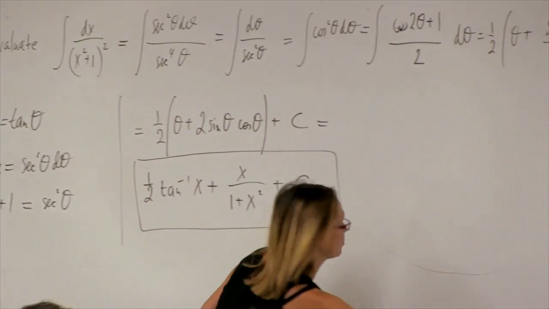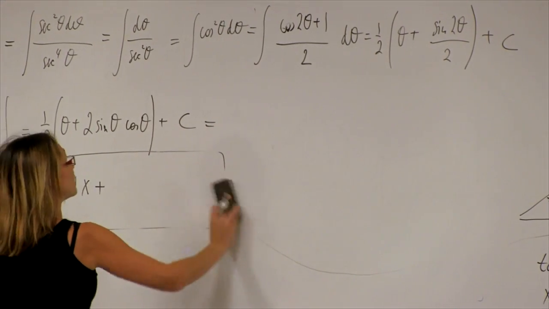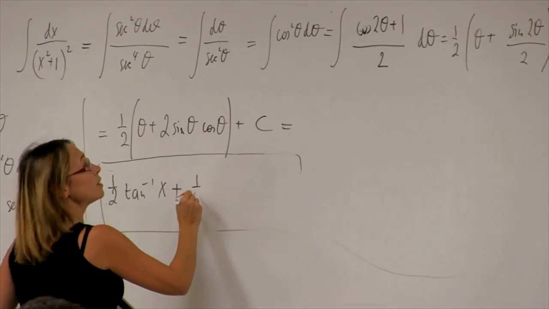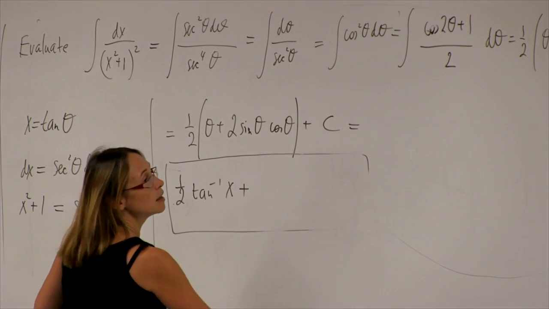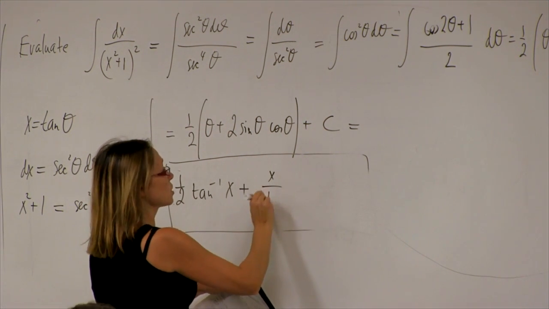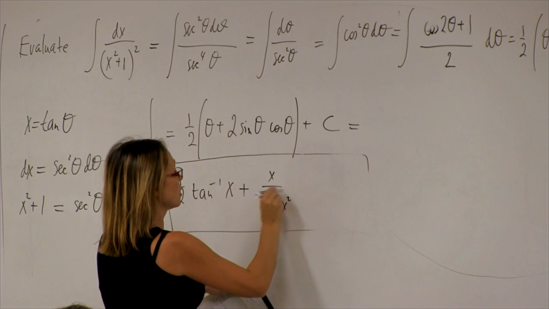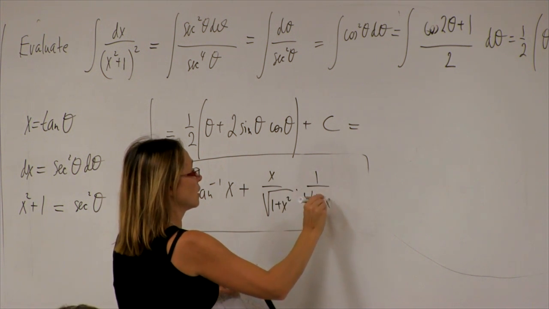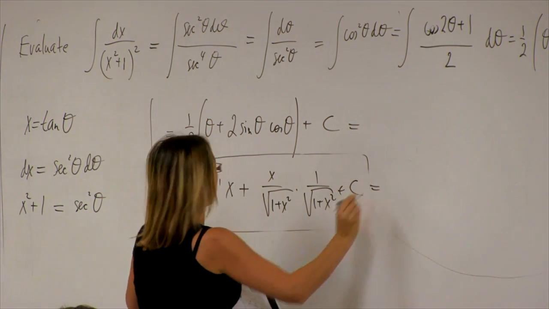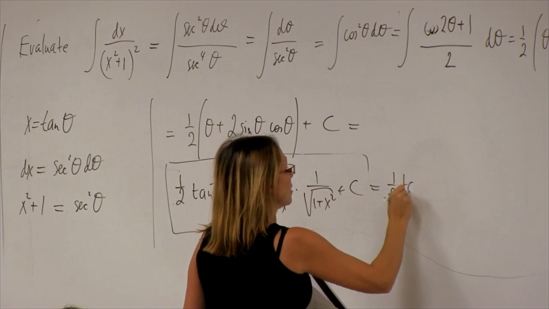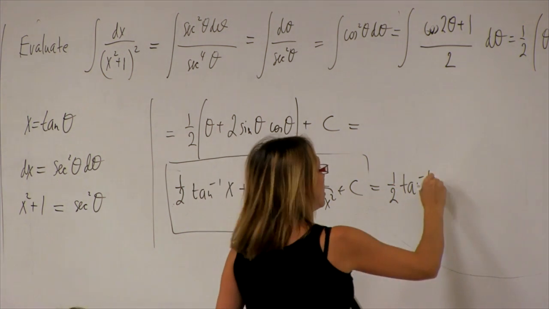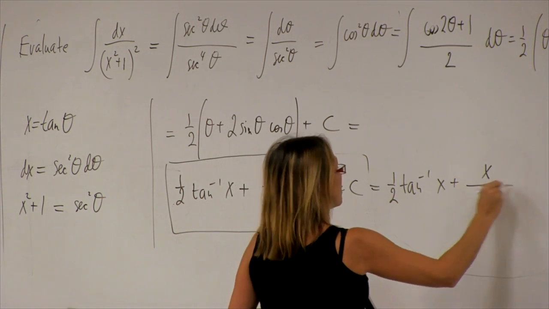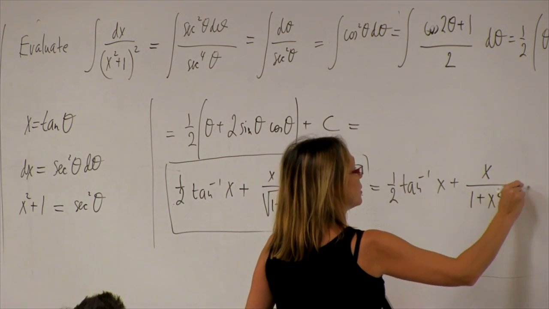Okay, I skipped one step. Let me not skip a step. So here I have sine is x over square root of 1 plus x squared times 1 over square root of 1 plus x squared plus c. So this is 1/2 tangent minus 1 of x plus x over 1 plus x squared plus c.